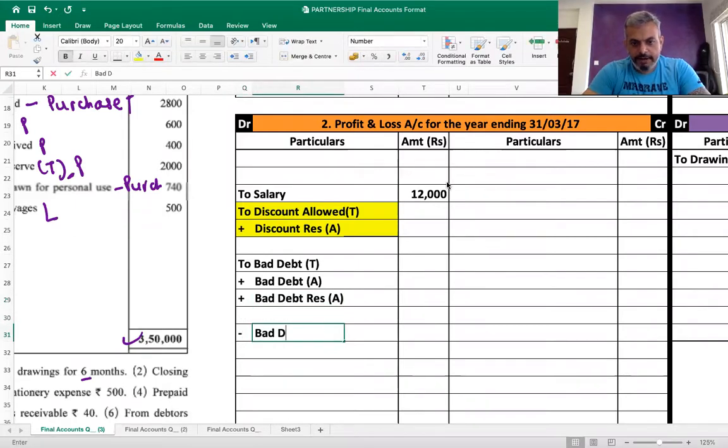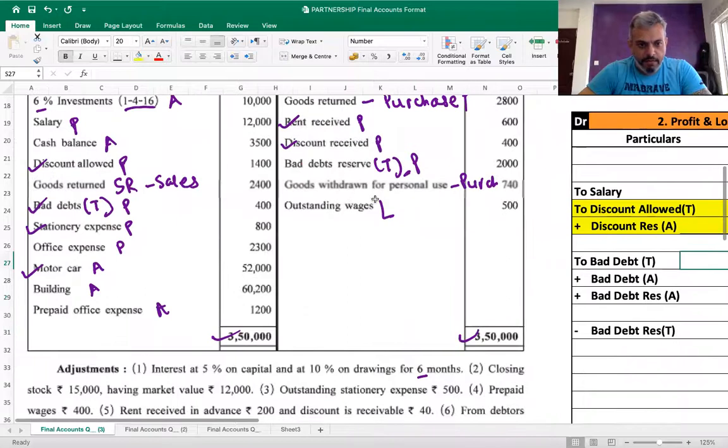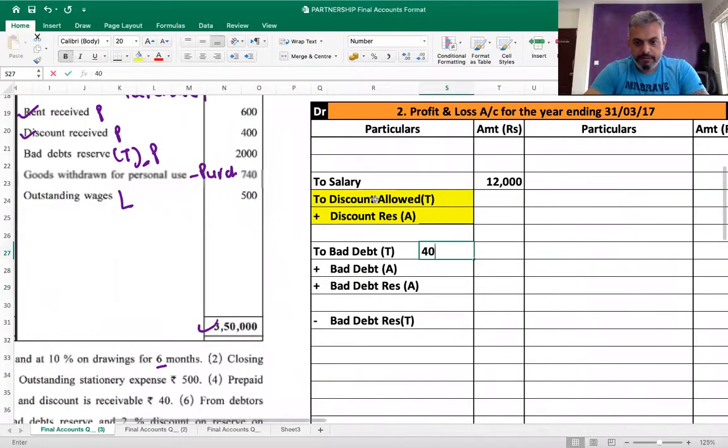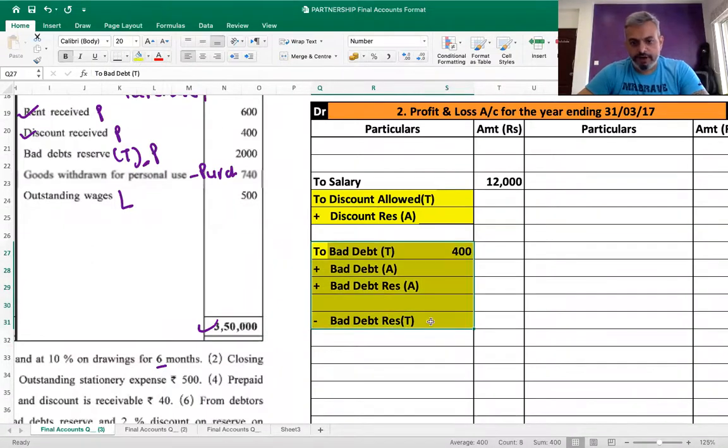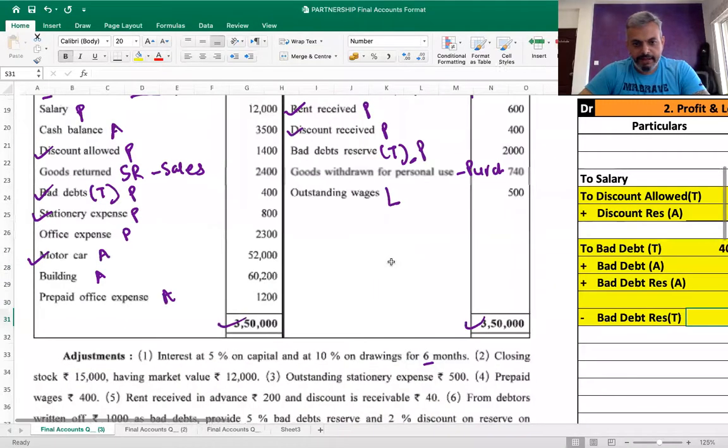Okay, minus bad debt reserve as per trial balance. Now bad debt as per trial balance amount is 400. We go as and when the amount comes. So right now just write 400. We will write this later.